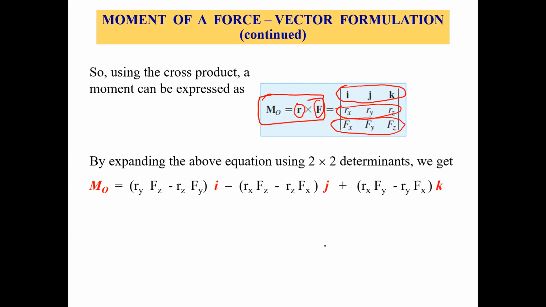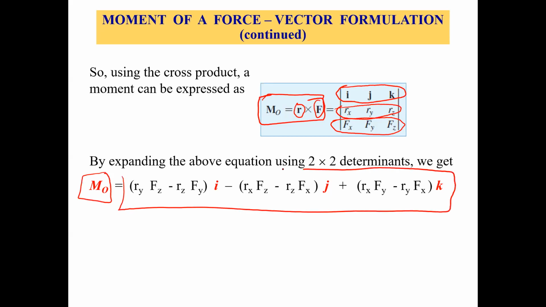All right. Now again, solving this 3x3 determinant, we already did that, so let's not go into the details. How do you get this M sub O? Like this. This is the expansion of this 3x3 determinant: i times (ry Fz minus rz Fy).